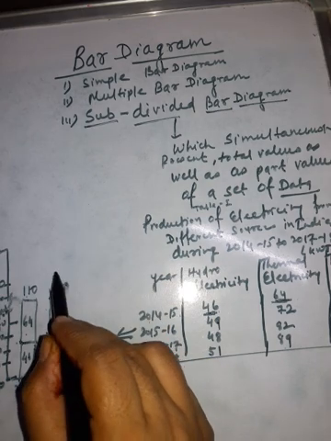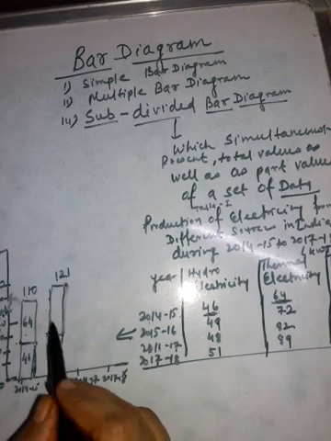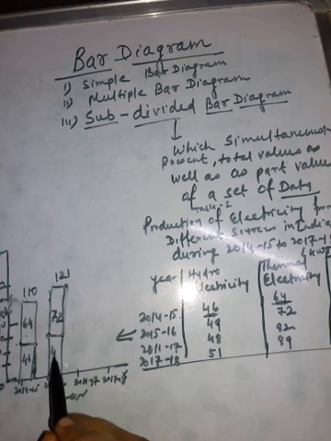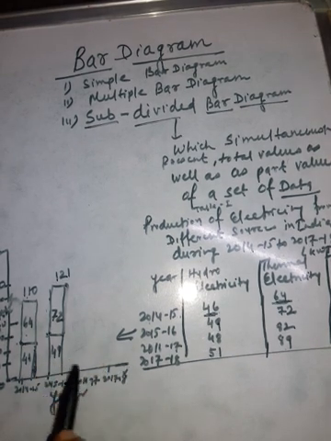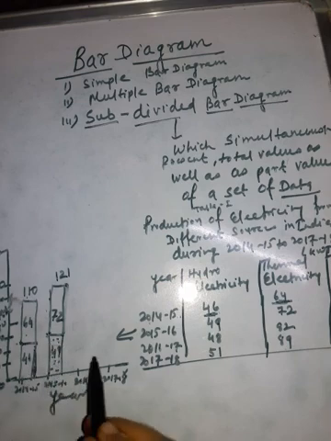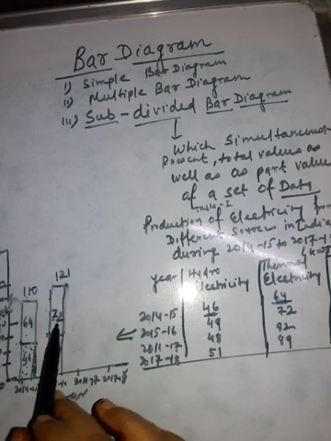So there will be 121, and you must write 72 here and 49 here, and you should differentiate them. Suppose I will use dots for showing the contribution of hydroelectricity.